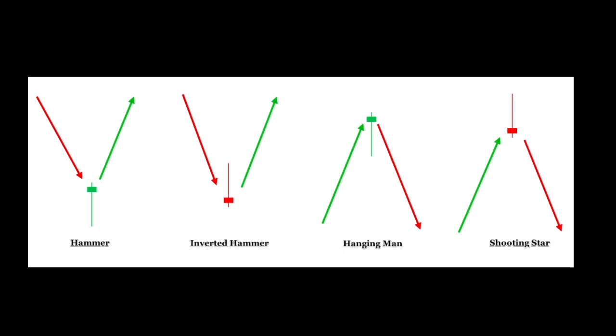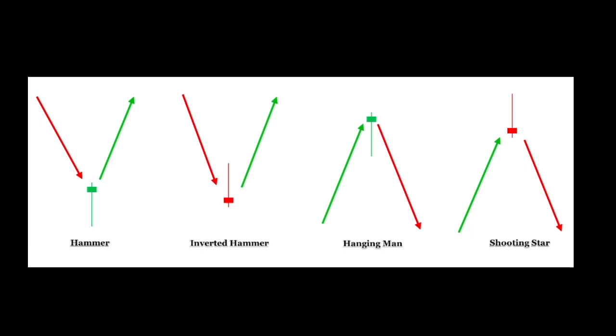All right, so the first one here is the hammer, just the plain hammer candlestick. This is a price pattern that's going to occur when a trade goes significantly lower than its opening, but rallies within the same period to close near the opening price.